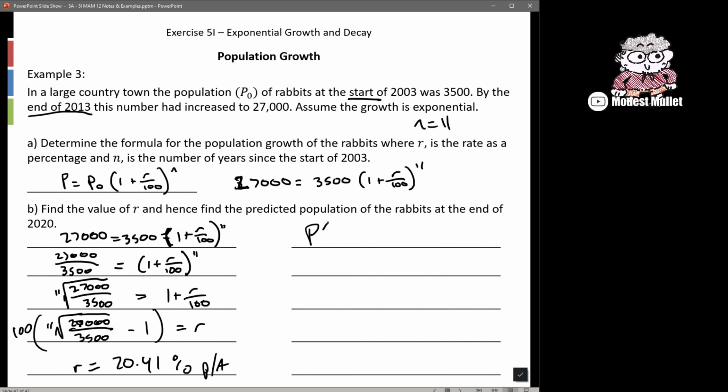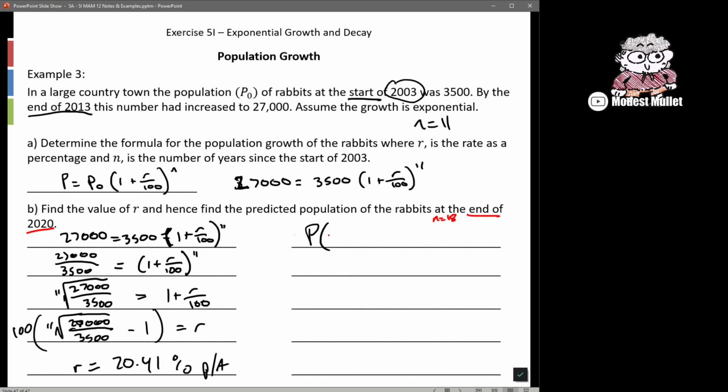Now we need to find the population. We started at 2003, and we're going to the end of 2020, so you've got 1 year to get you to the end of 2003, and then another 17 to get you to the end of 2020, so n is equal to 18.